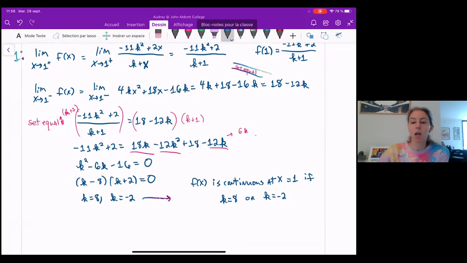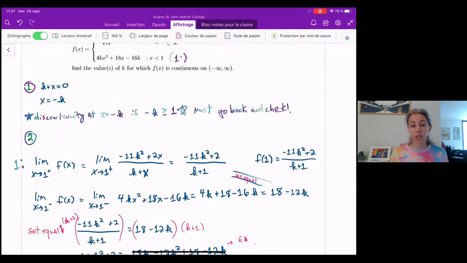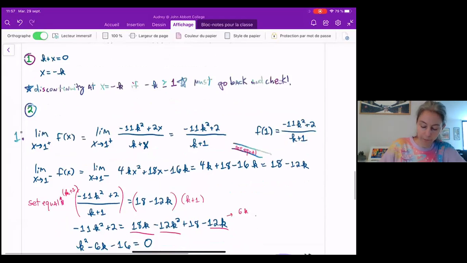But that does not mean that it is continuous everywhere. We had this first step that told us that I have this other discontinuity that involves k. So I must go back and check. So my third step here, I'm checking, do either of these cause a discontinuity?